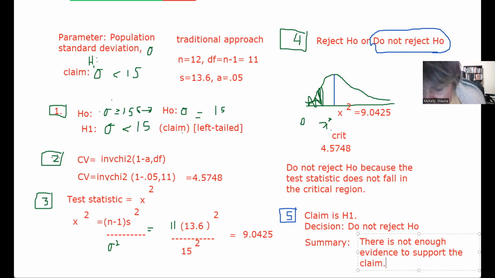This is not as hard as it sounds. The claim was H1. You did not reject H0. Both of them cannot be sustained at the same time. So if you did not reject H0, you kept H0, and you still believe H0. If your claim is H1, you cannot support that. So you underline "not enough" and "support." There is not enough evidence to support the claim. And that is number 3 from 8.5.